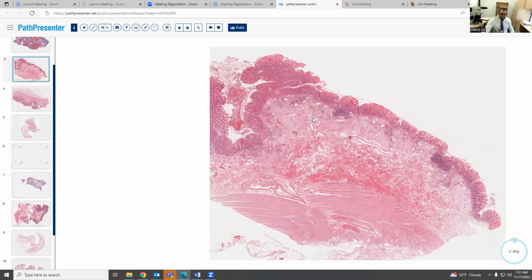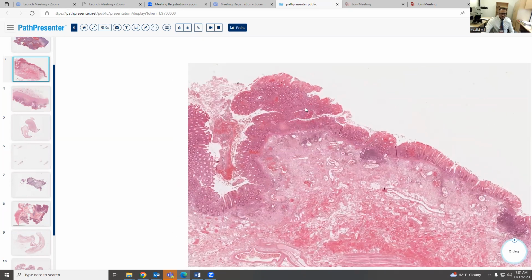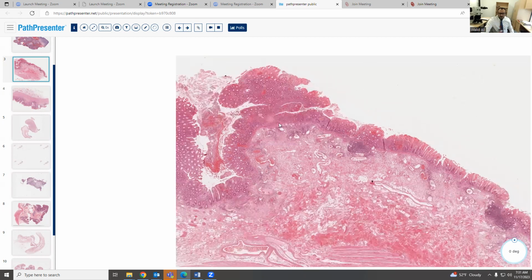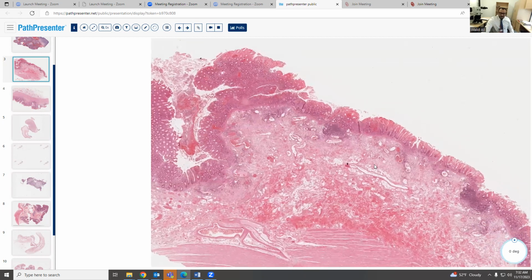Definitely you will see crypt distortion in Crohn's disease. You could see everything, but you're gonna see more inflammatory cells going down. Other thing, usually in ulcerative colitis there are no skip lesions. Usually it happens in one area, and there's no skip lesions.